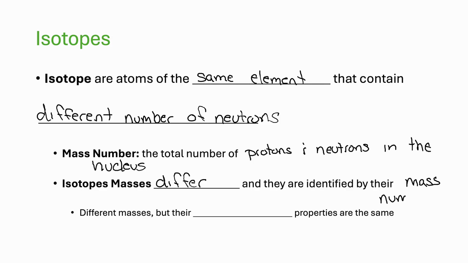So when we're looking at isotopes, an isotope of, let's just say, carbon or oxygen is determined by what their atomic mass is. So they are different masses, but their chemical properties are the same. Since they are the same, they react the same and they are mostly the same element.